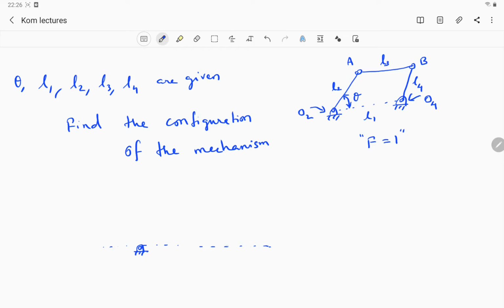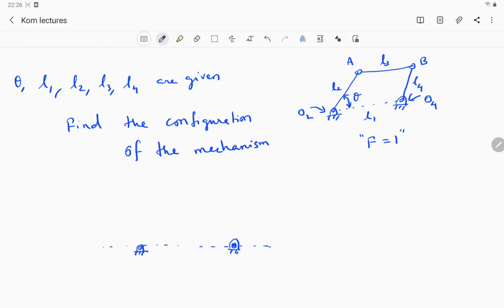Let's say it's here. So that's our point O4. Now we need to identify A and B. Once we identify A and B, we can join all these points, and that's the configuration.